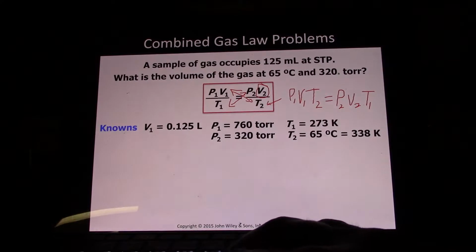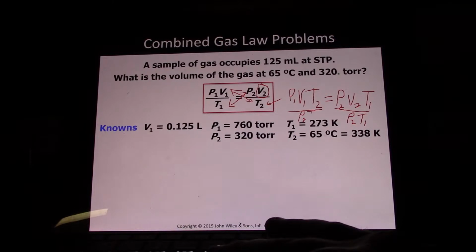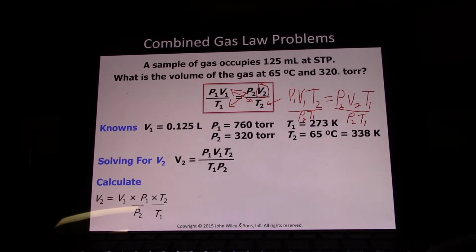And now we want to know the final volume, so divide each side by P2, T1. And whatever you do to one side of the equation, you have to do to the other side. And that is how they get their formula.